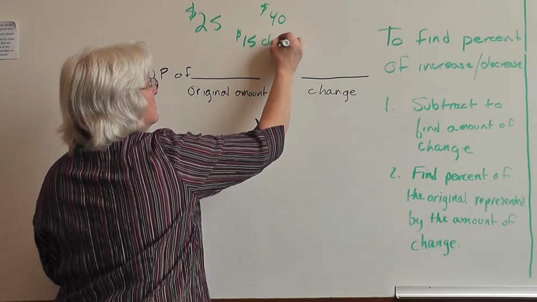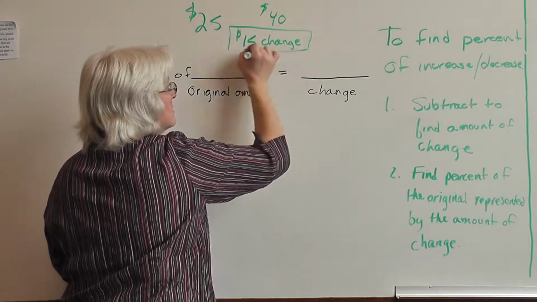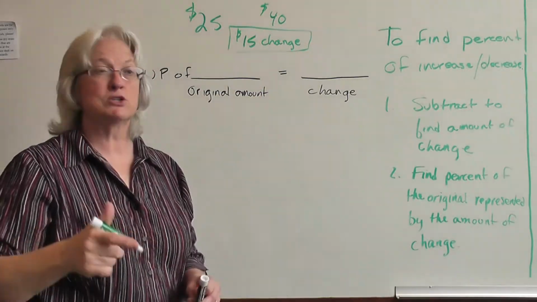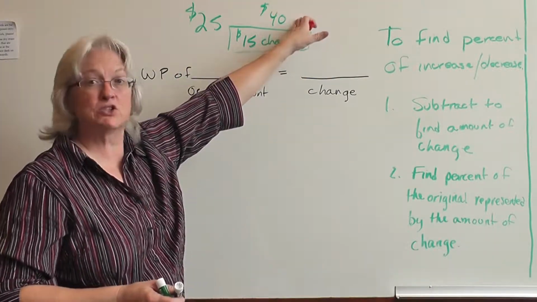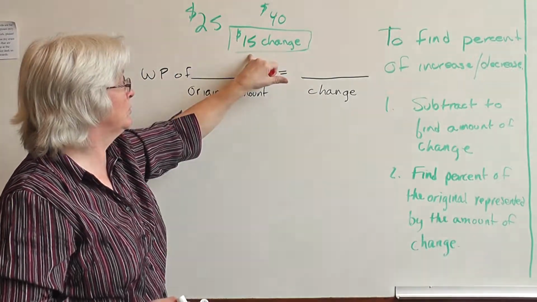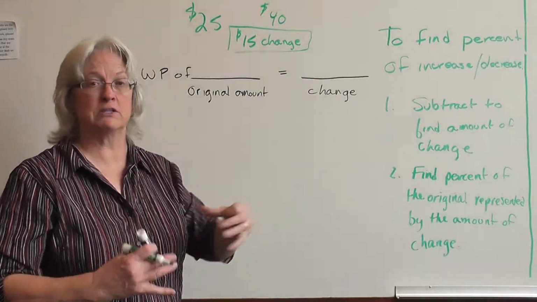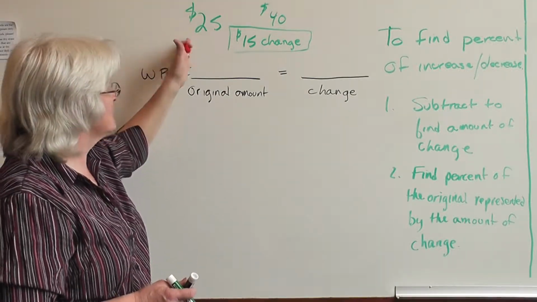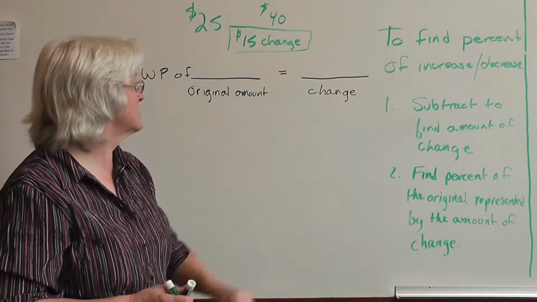change. Now we're going to look at this. His original amount was $25. This summer, it's going to be $40. So he has a $15 change, which would be a $15 increase, because from last summer to this summer, his money has increased.